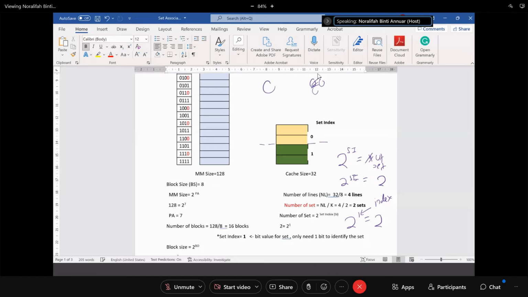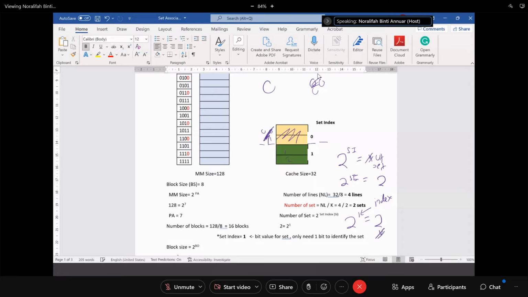Dipanggil set kosong, set 1. Dalam satu set ada 2 line of cache line. Set kosong, line 1, line 2. Set 1, line 1, line 2.